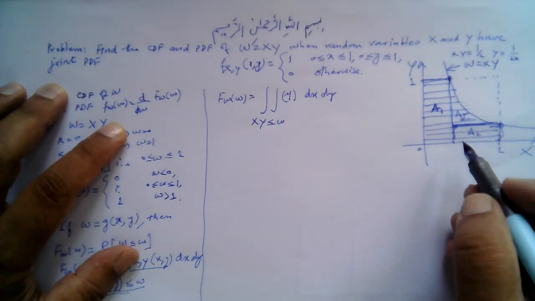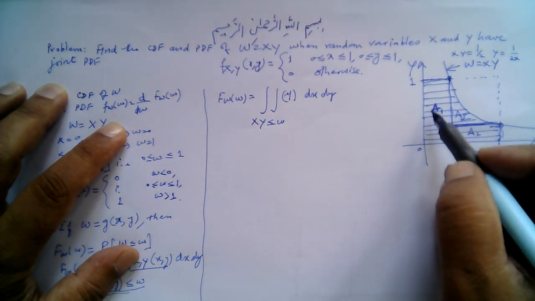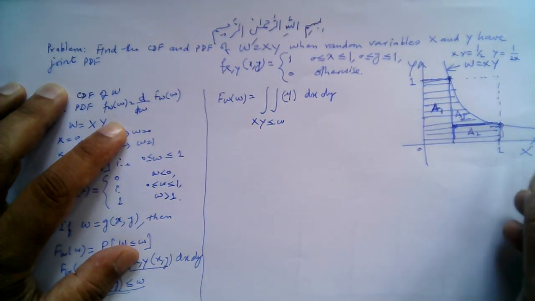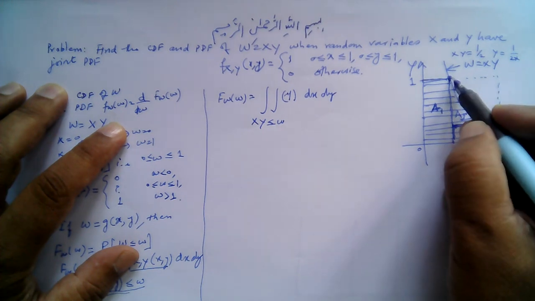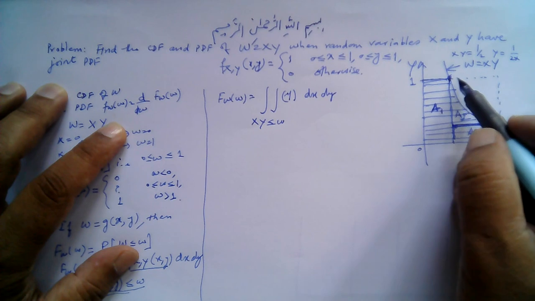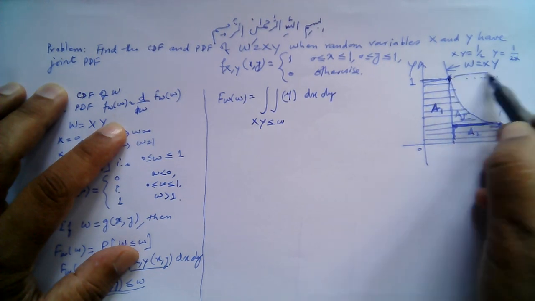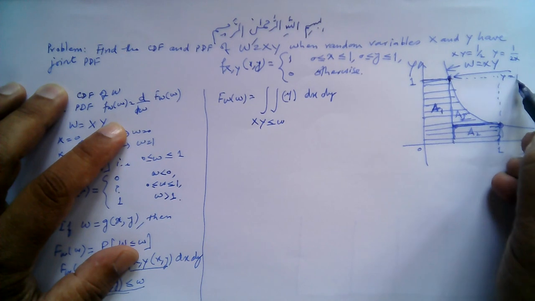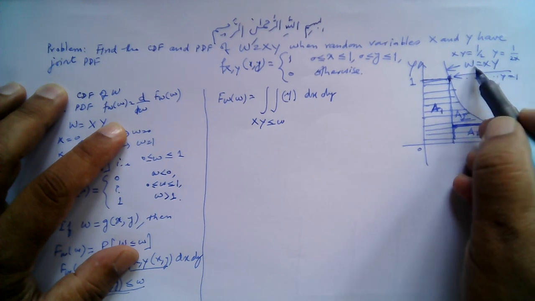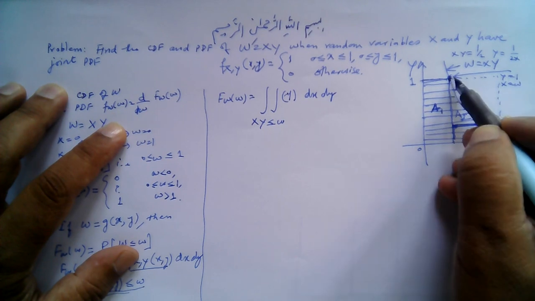So to find A1, we need to determine its width and height, and for this it is better that we first determine the values of this point here. You see this, that y is 1 here, right? So when y is 1 here, then x is equal to w.